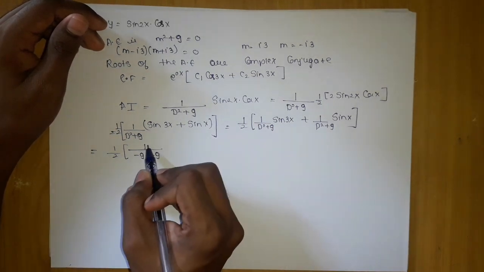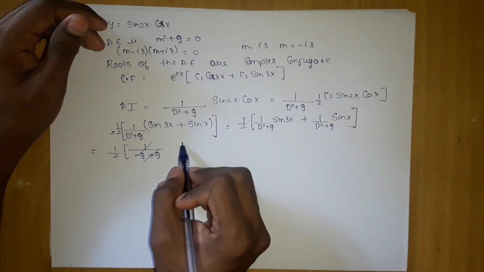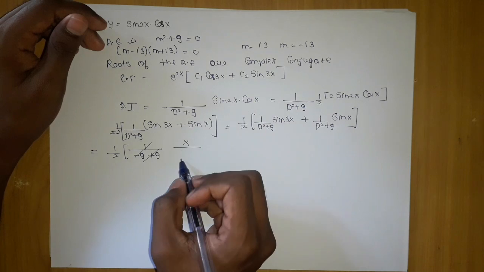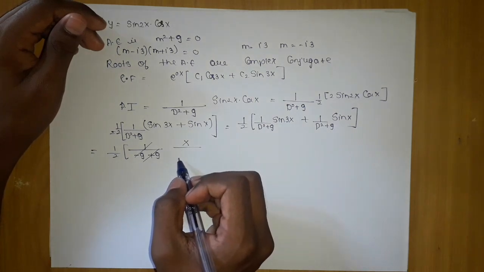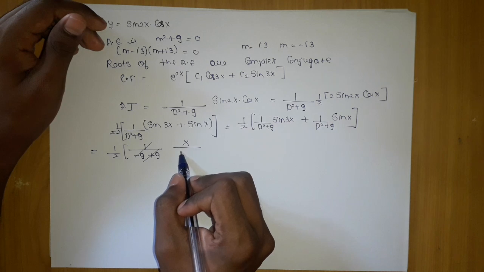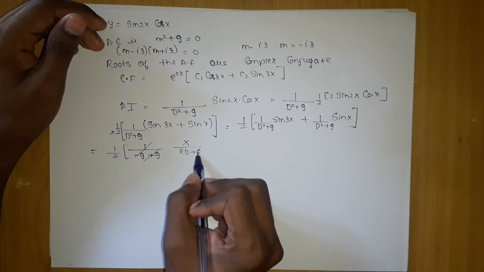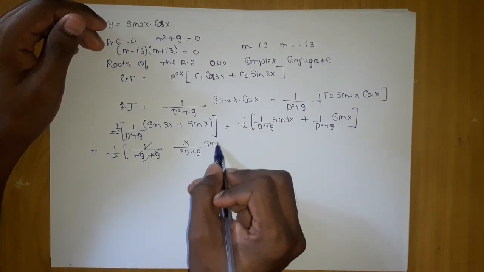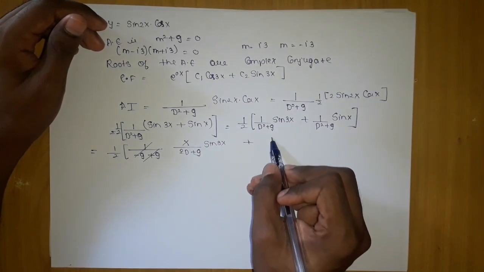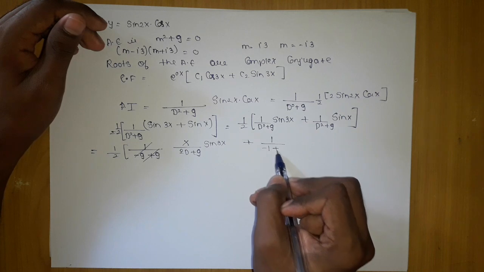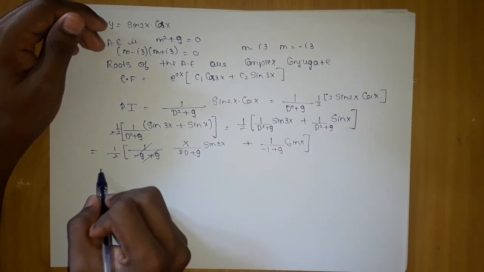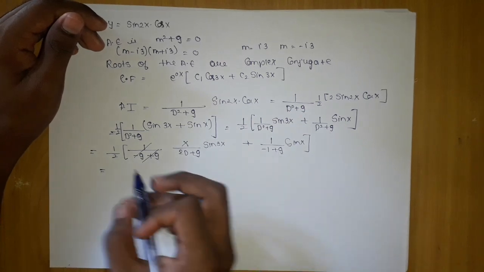If we substitute, we are going to get 1 by minus 9 plus 9, which becomes 0. So we are not going to substitute it, we are going to differentiate the denominator: in the top, multiply by x, and divide by the derivative with respect to D. So here we get x into 1 by (2D) into sin 3x, and here we will substitute and get 1 by minus 1 plus 9 into sin x, which is 8.